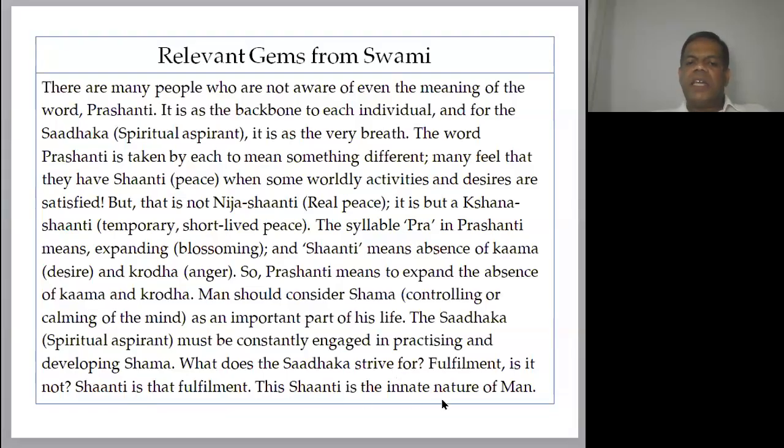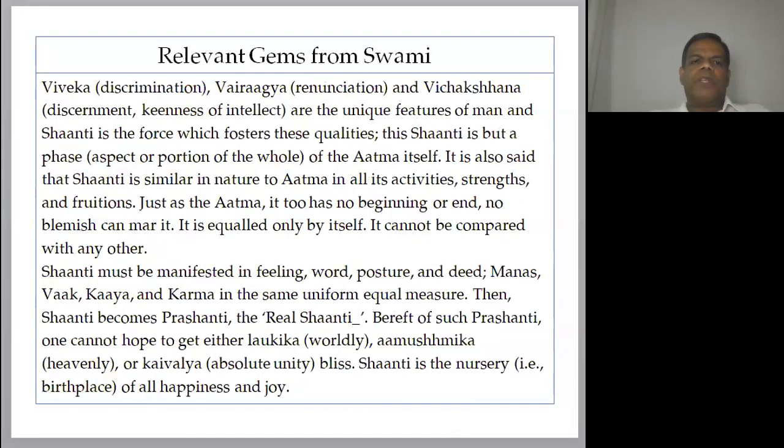This Shanti is the innate nature of man. Viveka, discrimination, Vairagya, renunciation, and Vichakshana, discernment, keenness of intellect, are the unique features of man, and Shanti is the force which fosters these qualities. This Shanti is but a phase, aspect, or portion of the whole of the Atma itself.